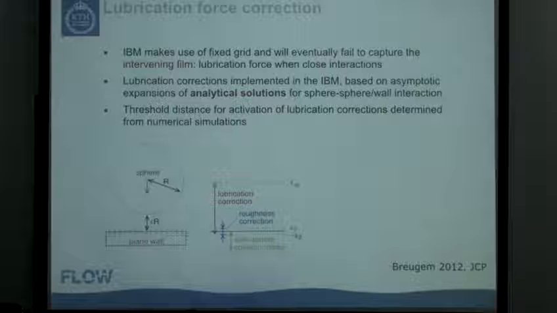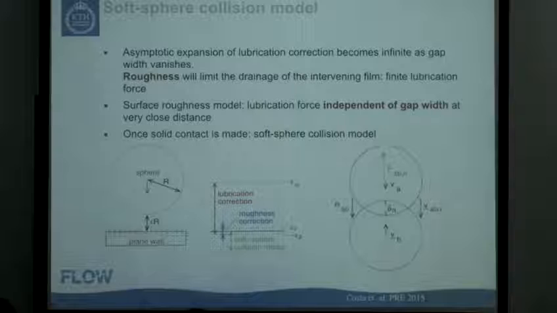And in this case, we use a correction for the force between the two, which is based on an analytical solution of the Stokes equations. And then at some point there will also be a collision. In this case we use a soft-sphere collision model. So we allow a weak penetration between the two particles, which is usually not big, something like 2% of the particle diameter. But this is good because it allows a little bit longer time step.